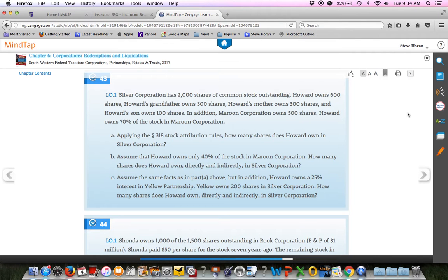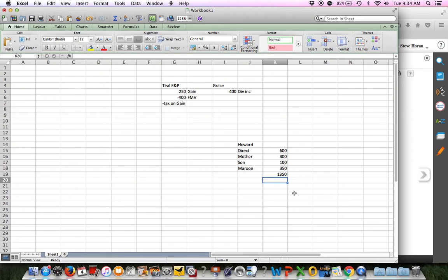Letter B, assume that Howard only owns 40% in Maroon. How many shares does Howard own directly and indirectly in Silver? Okay, so a little bit different situation here. So now we're down to 40%.